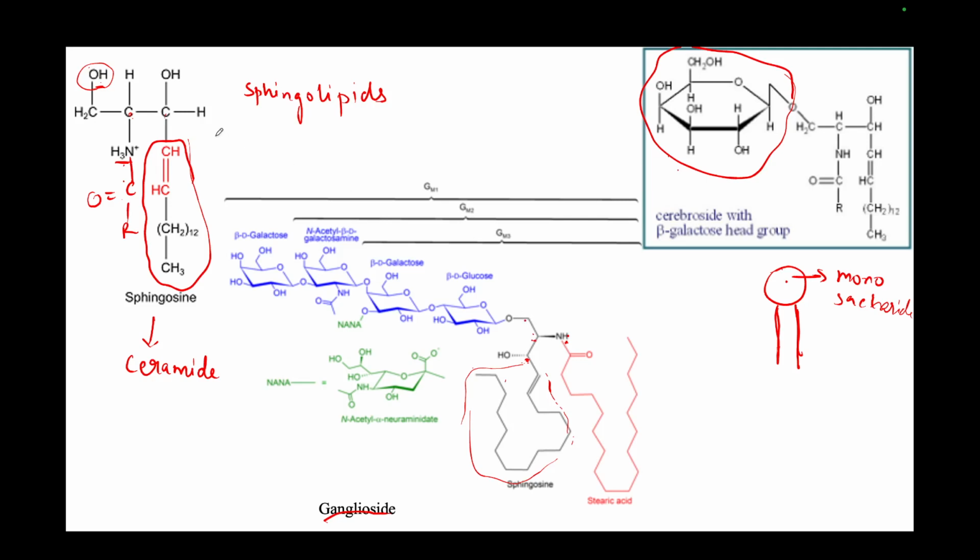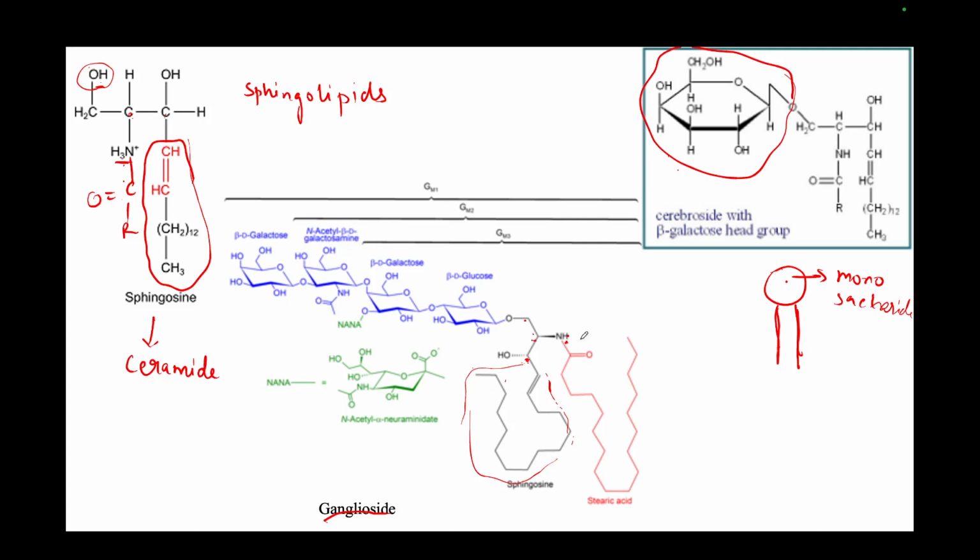Then comes the third carbon, from which the polar head group extends. The polar head group is a complex oligosaccharide, meaning multiple sugar molecules joined together to form the polar head group. So it has a bigger polar head group. Cerebroside has a small head, but ganglioside has a bigger polar head.